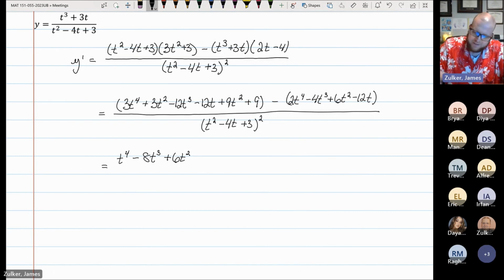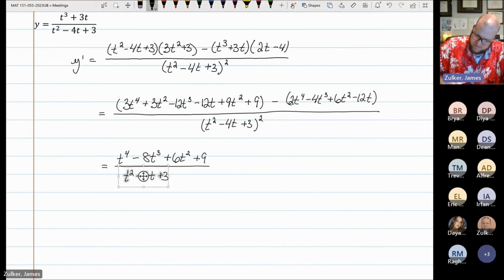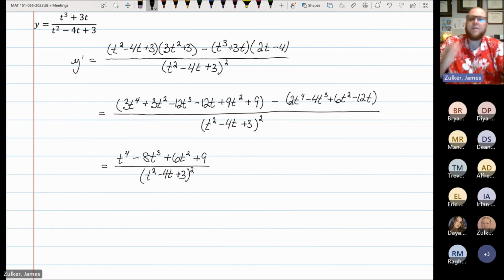Negative 12t minus negative 12t is 0, and then we're left with a plus 9 over t squared. So there we go.